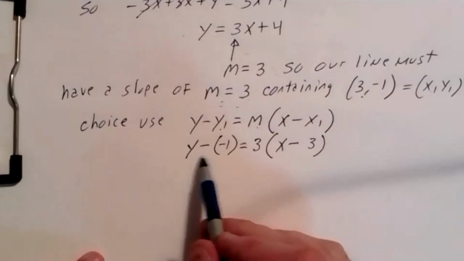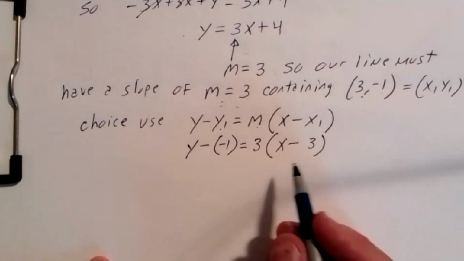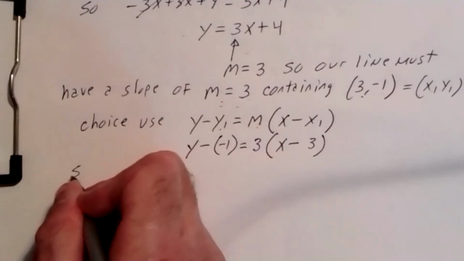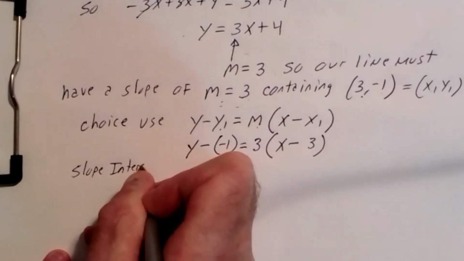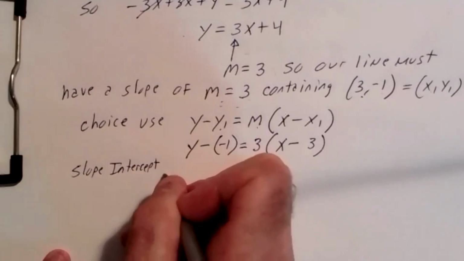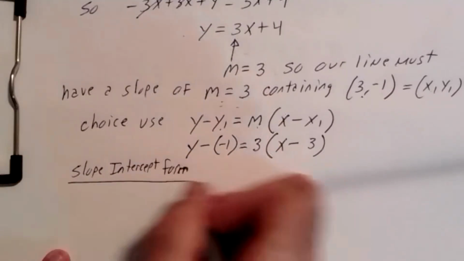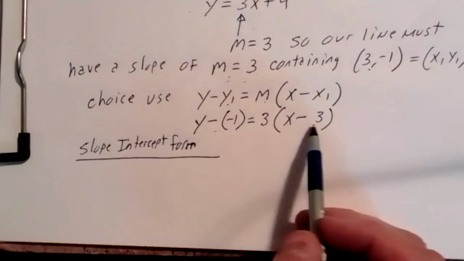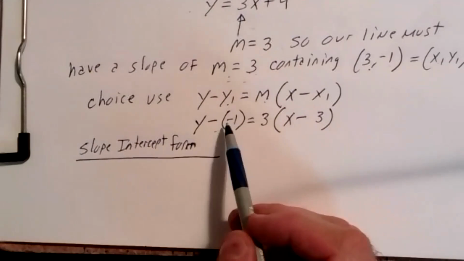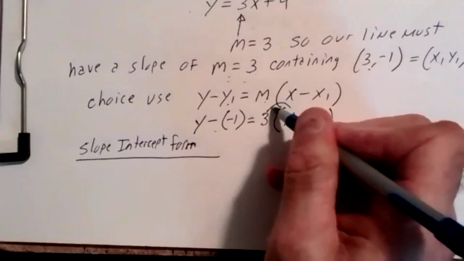Your author wants your answers in 2 forms, slope-intercept form and standard form. First, we'll get it into slope-intercept form. How do I begin to do that? Distribute the 3 on the right.